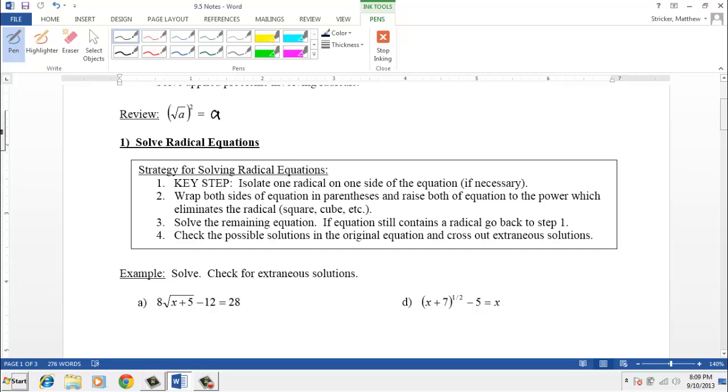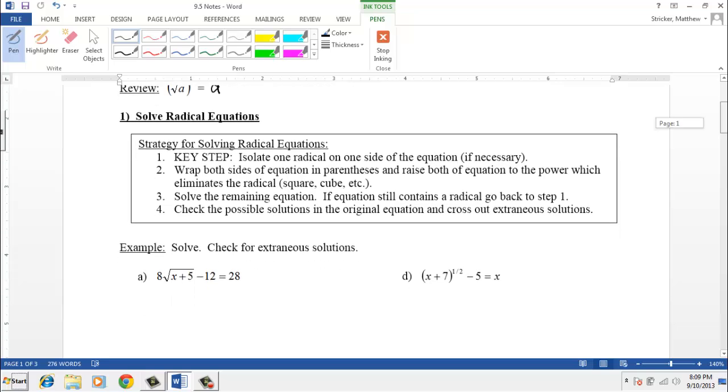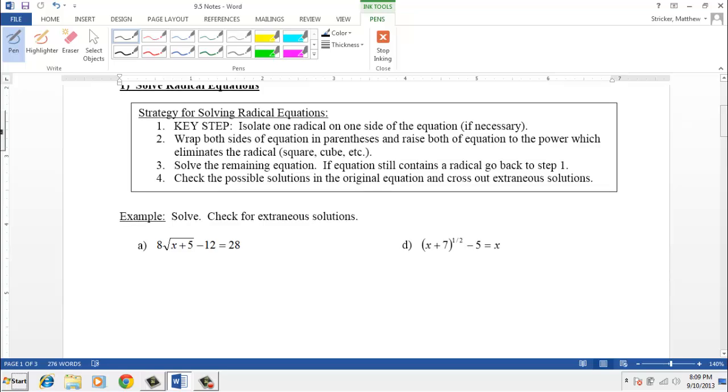And so when I'm solving radical equations, I have basically a four-step process. You can follow these steps to help you solve the problem, but really I want you to focus in on what it is that we're doing, because that's going to be the key. The first step is to isolate one radical on one side of the equation if necessary.